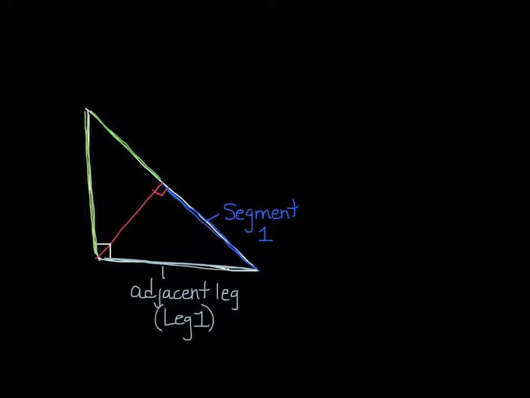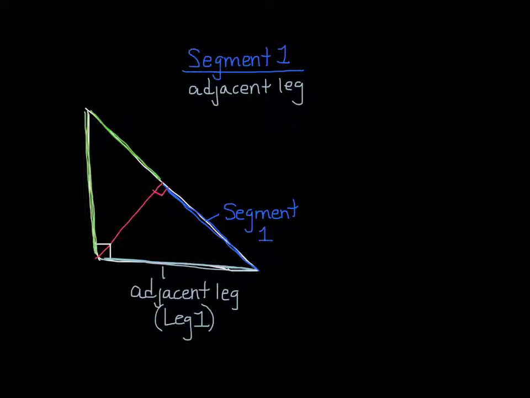Again, that's a segment of the hypotenuse, and segment 1 is related to this adjacent leg. This leg is adjacent to this segment. They touch. They're next to one another.